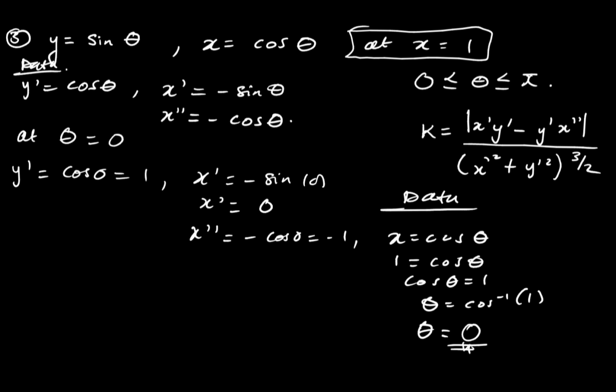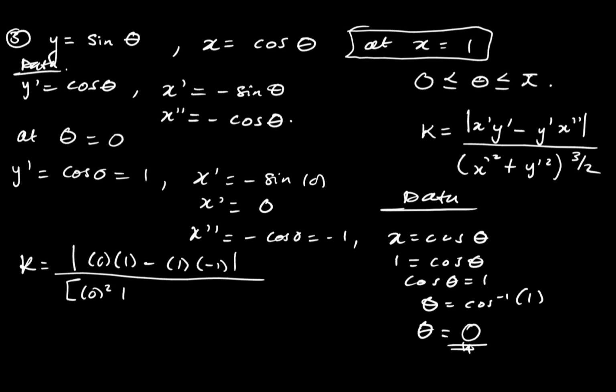Now with this information, we can easily plug it back into the curvature equation. Curvature is equal to the absolute value of x prime at 0, which is 0, times y prime prime at 0, which is 1, minus y prime at 0, which is also 1, times x prime prime at 0, which is negative 1, over x prime at 0, which is 0, squared, plus y prime at 0, which is 1, squared, all to the power 3 over 2.